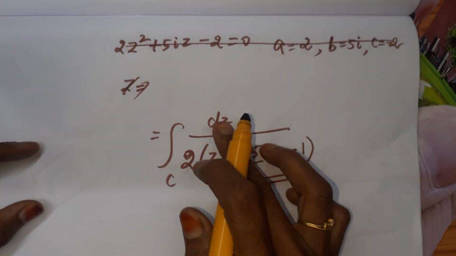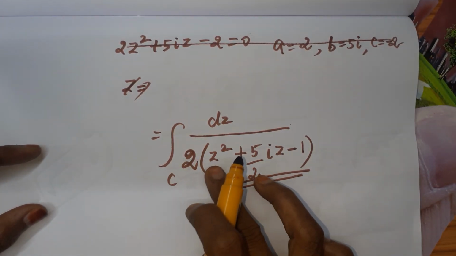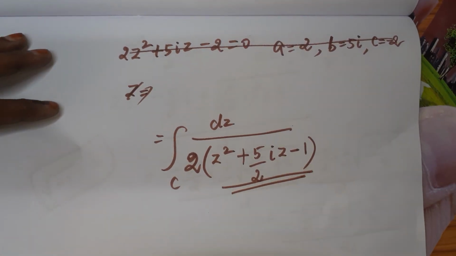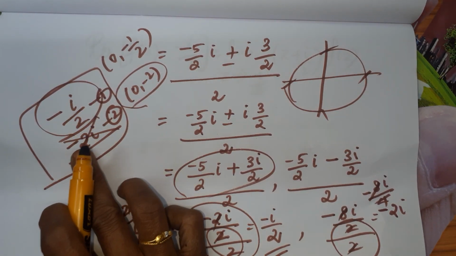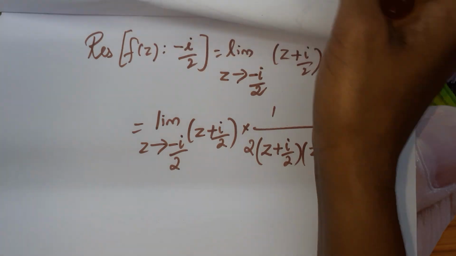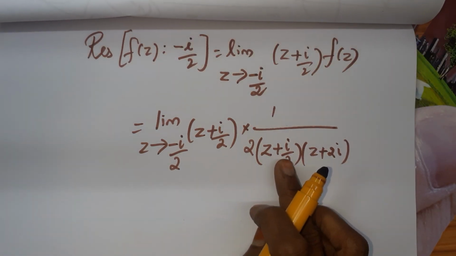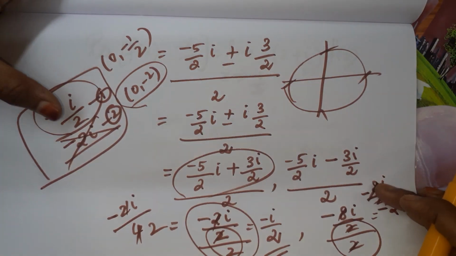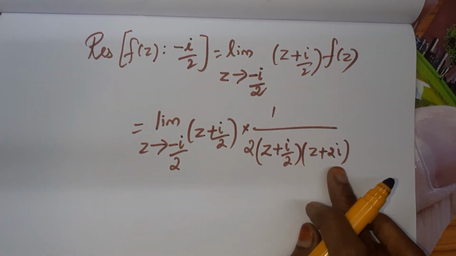So this is my f of z, leaving dz, 1 by 2 into this term, right? So 1 by 2 into, and this term only we got the two factors as minus I by 2 and minus 2I. So we are going to write it as factors. So z minus of minus I by 2, that is z plus I by 2, then z minus of minus 2I, that is z plus 2I.